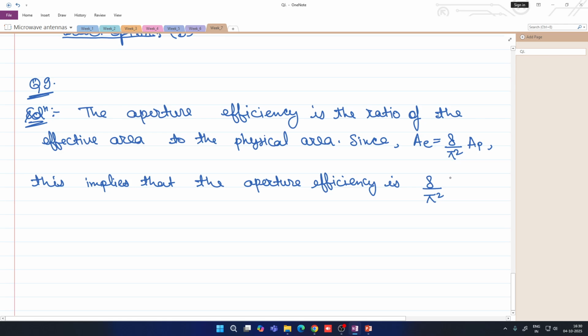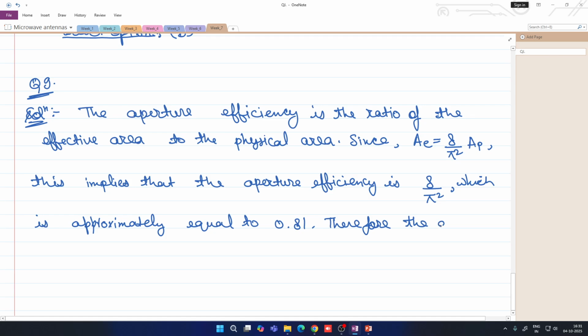AE by AP is 8 by pi square, which is approximately equal to 0.81. Therefore the aperture efficiency is less than 1.